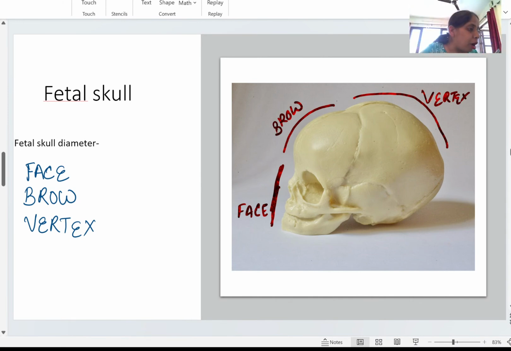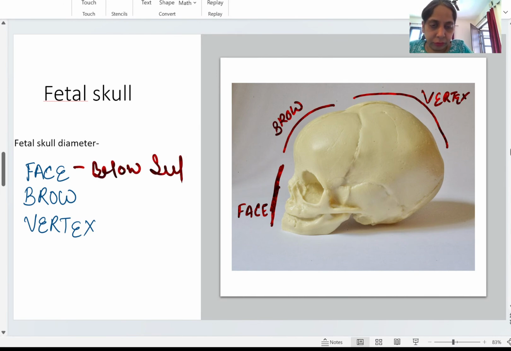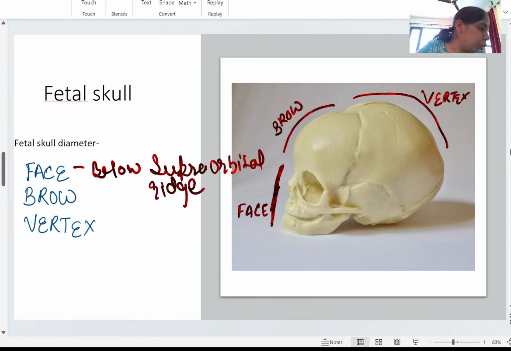Below the supraorbital ridge is the face.